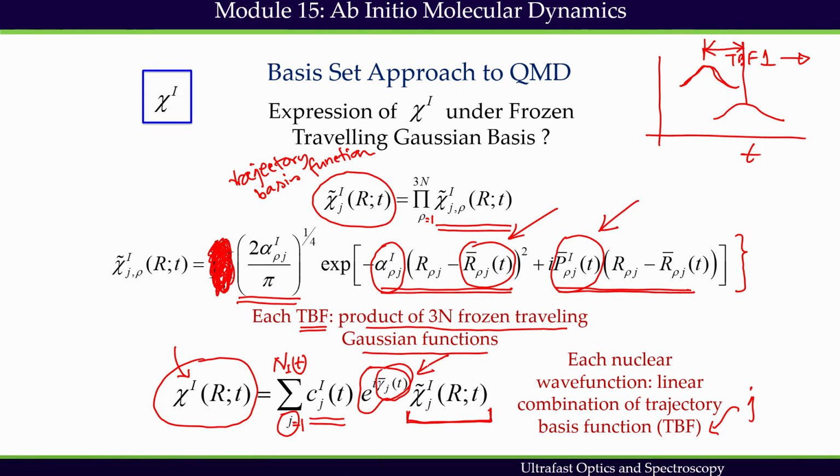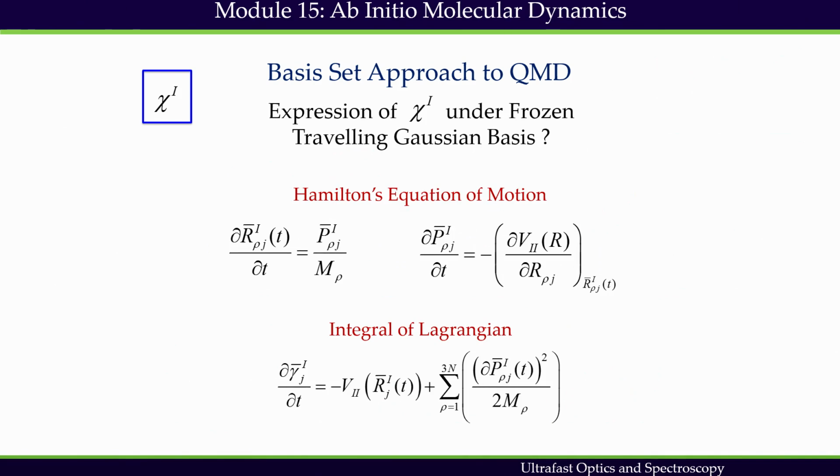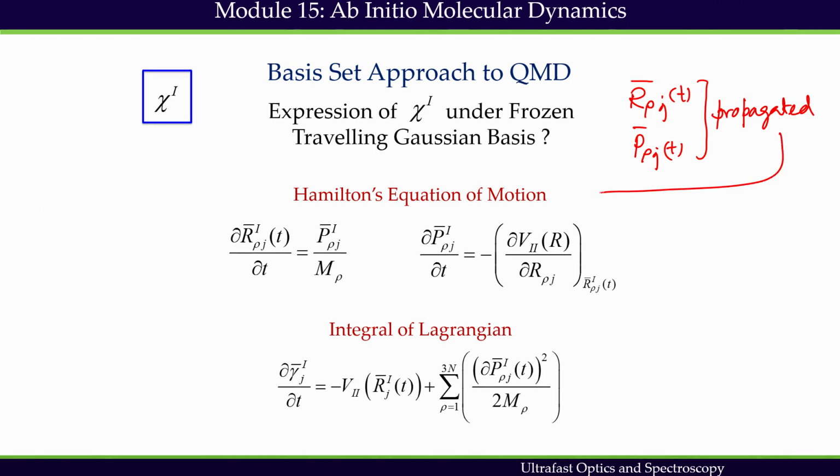This information I have to give, and it will come from the classical equations of motion. For example, R_{rho j} bar(t) and P_{rho j}(t) are propagated following Hamilton's equation of motion.